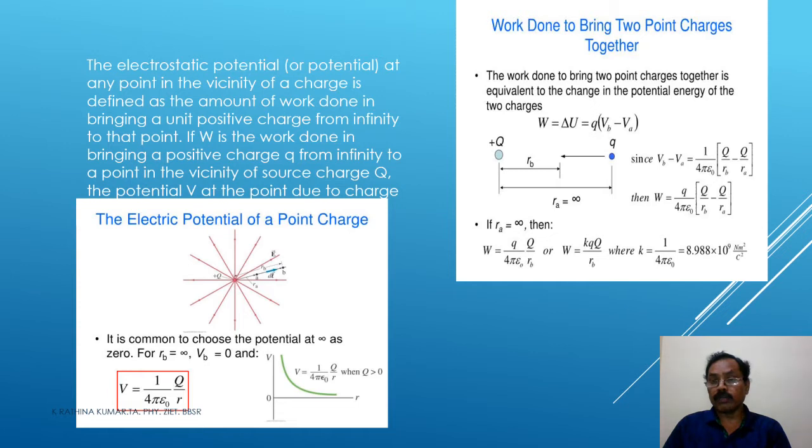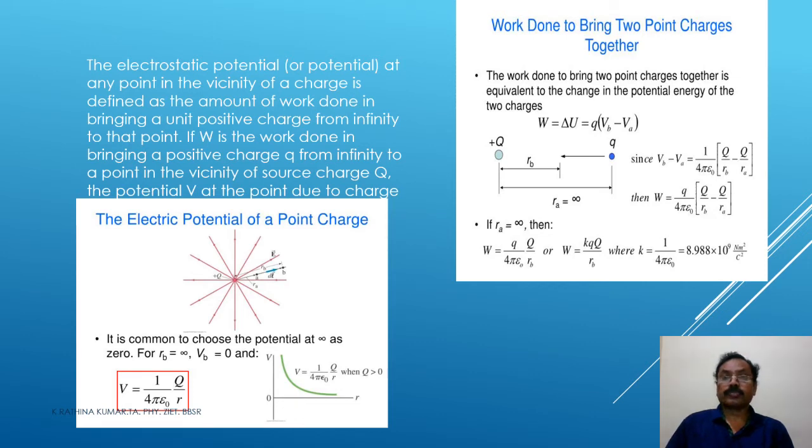If it is the same charges, then W is equal to K Q square by R. Otherwise, small q is the test charge and capital Q is the source charge. We know the value for 1 by 4 pi epsilon naught, that is equal to 8.988 into 10 power of minus 12 Newton meter square per Coulomb square.